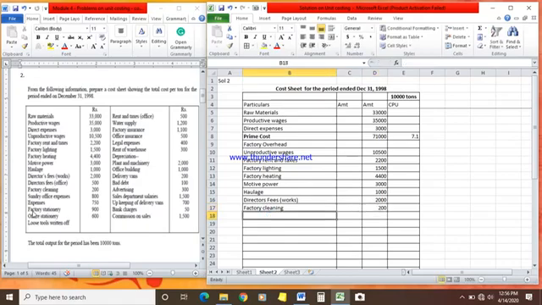Then factory stationery, 900. Loose tools written off, amount 300.